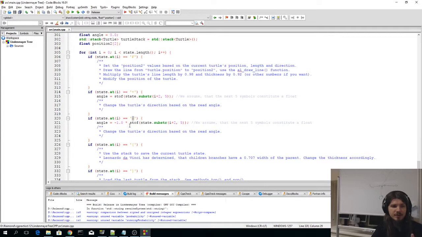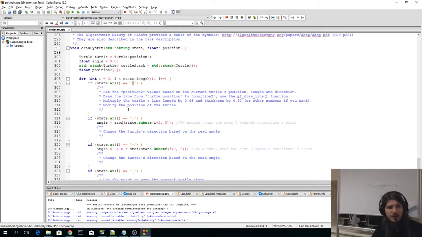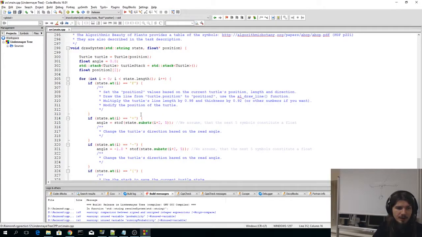With minus, it should rotate the other way. And those brackets will save and load the turtle state in a stack. But we want to implement this F initially. So this F, and you can also read about this in the task description, it should draw this line forward, which represents one segment of a branch or a trunk. So for this, we need to use the Allegro draw line, and we also need to move our turtle forward.